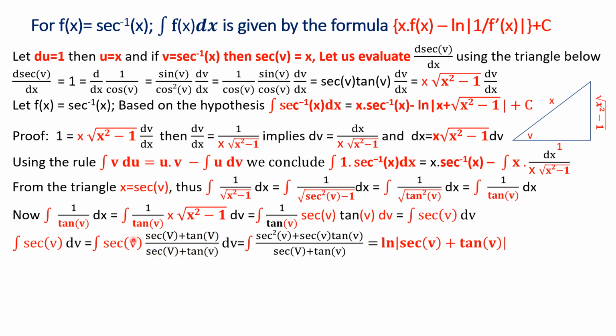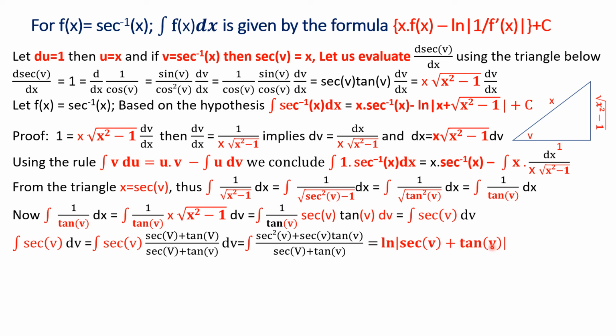Now, if we multiply the numerator by sec of v, we're going to get sec square of v plus sec of v multiplied by tan of v. And the denominator is the same. But then we can really tell that the numerator is the derivative of the denominator, and as such the integration will be ln of the absolute value of sec of v plus tan of v.